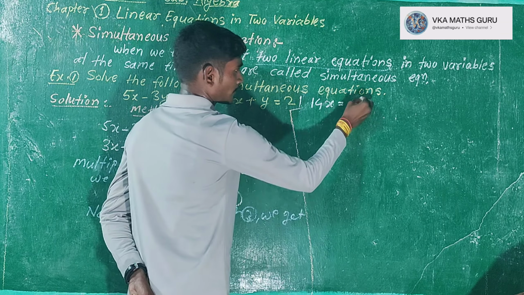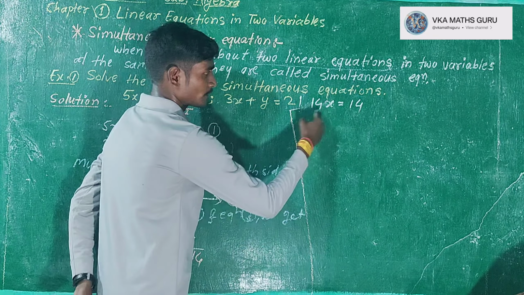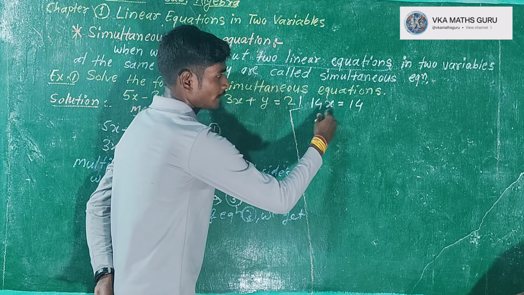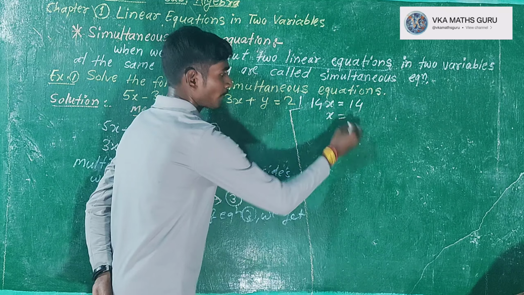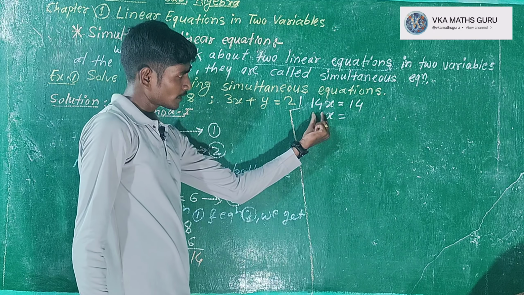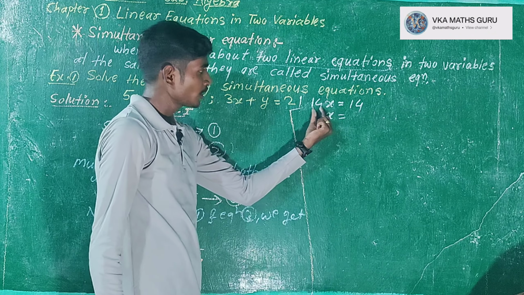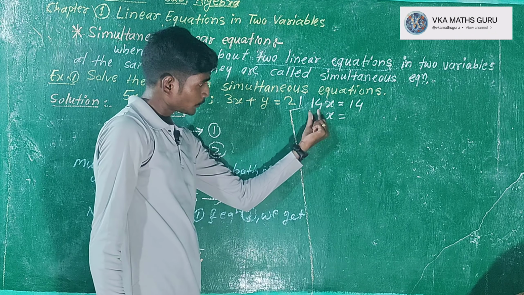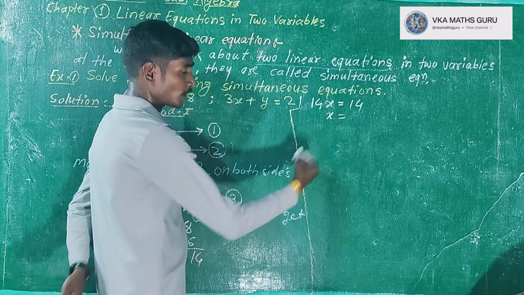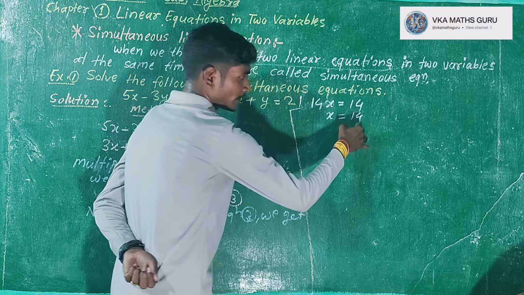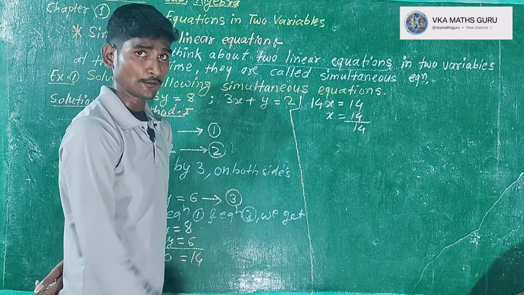14x is equal to 14, but we want only the value of x, so the constant 14 is in multiplication. Whenever it goes from this side to the opposite side of the equal sign, it goes downward, that is, it is divided.